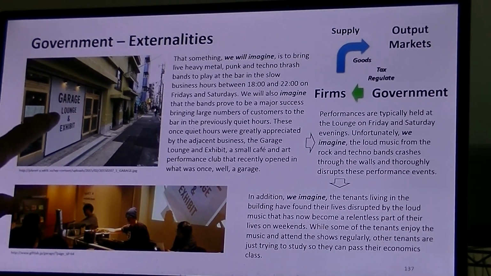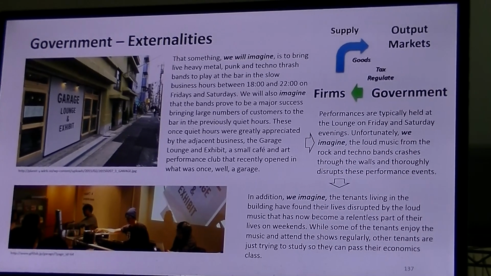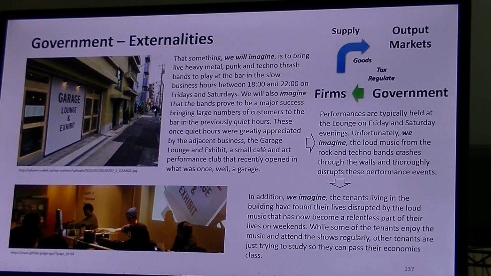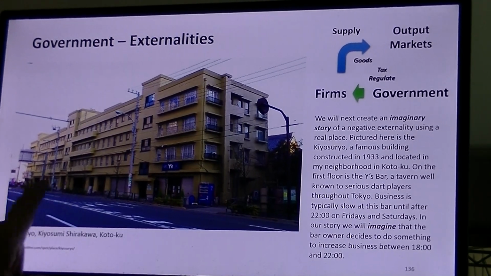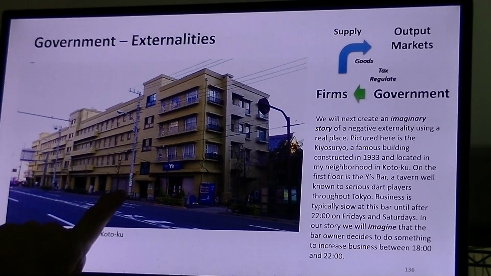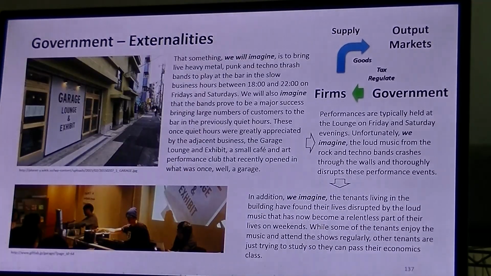The problem is that next door, and this business is there, the Garage Lounge and Exhibit. It's a small cafe and art performance club that was once a garage in the building. You can see the building has, in fact, garages there. I think those garages are still there. There is the Garage Lounge and Exhibit.